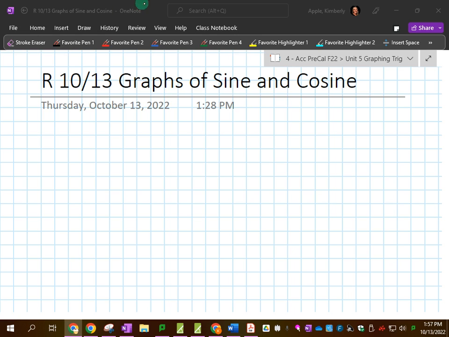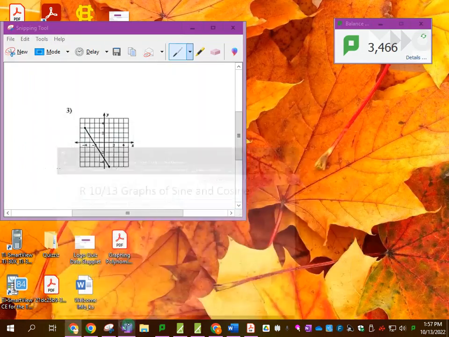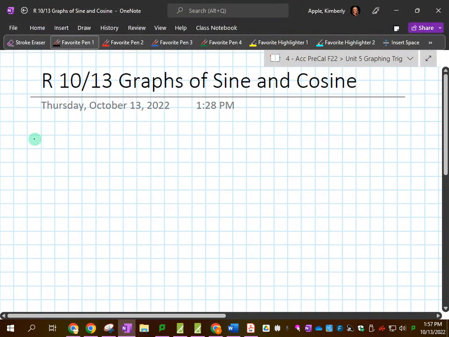Regarding the graphs of sine and cosine, we've talked about this a little bit so far, but I want to formalize the stuff that we've discovered. One thing about the graphs of sine and cosine is both of them oscillate, or move up and down, between two values.